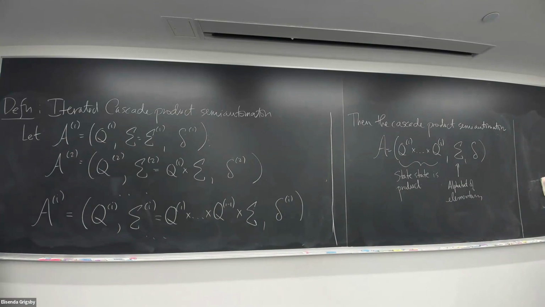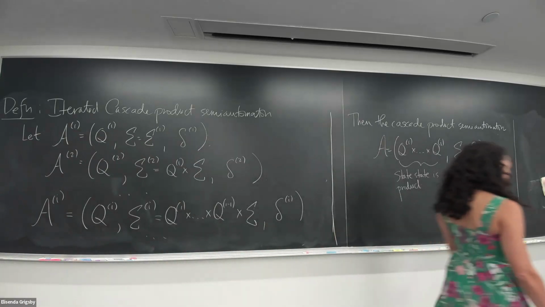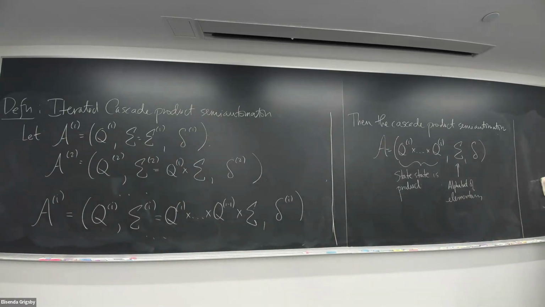Again, I'm not quite there yet, so I may be saying things that are not quite right, but my understanding is that you decompose your semi-automaton in such a way that it's realizable as a cascade product, and then that plays nicely with the transformer structure.